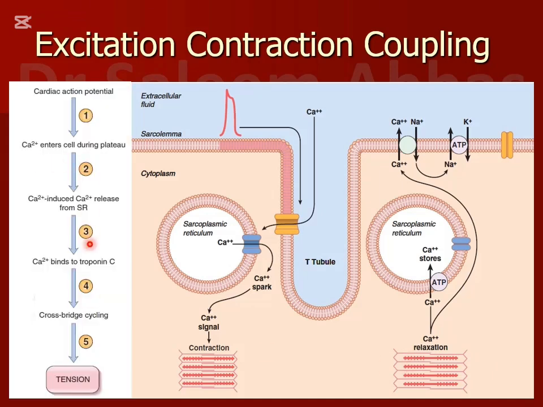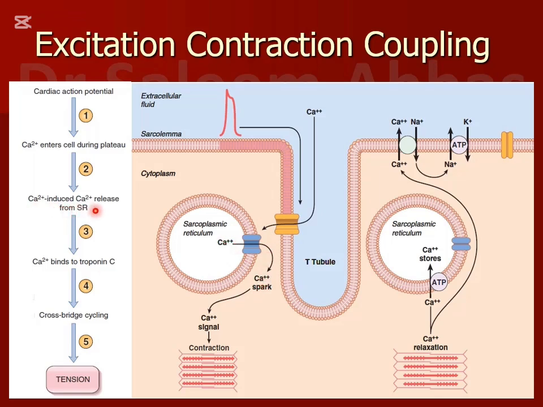Now on the left side, this whole process is described in the form of a flow chart. First of all, the cardiac action potential arrives, and as a result, during the plateau phase 2, the calcium enters the cardiac myocyte, and then it causes calcium induced calcium release from the sarcoplasmic reticulum.